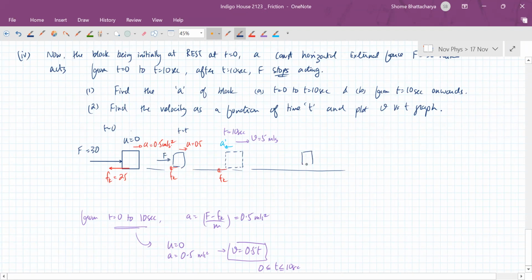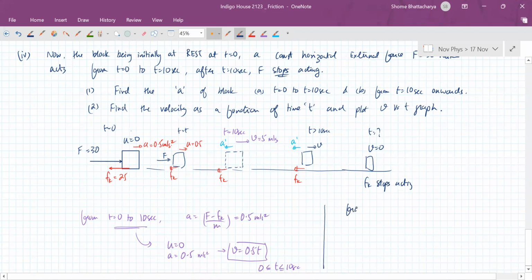So even at some time greater than 10 seconds, if it has some velocity, then friction has to act because it's slipping, and accordingly it has to decelerate. This process will only stop after some time when the object stops altogether. Its velocity becomes 0, then friction stops acting. So that will also happen at some time and the block will remain at rest.